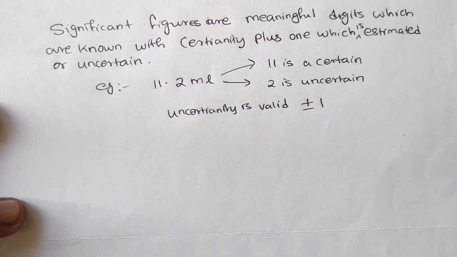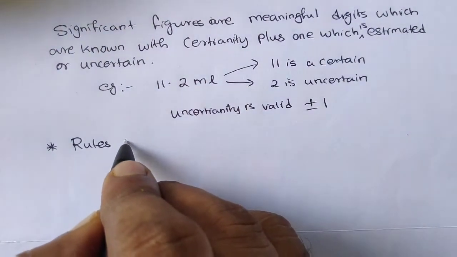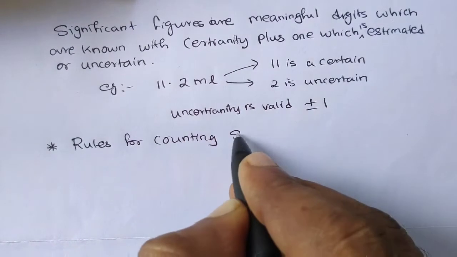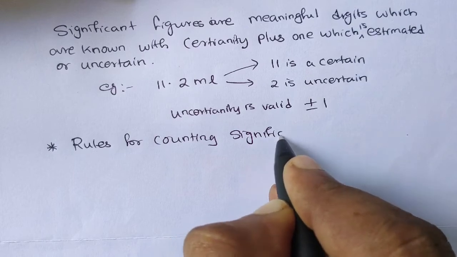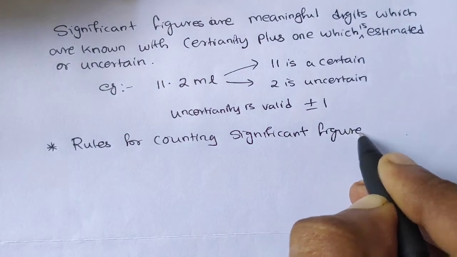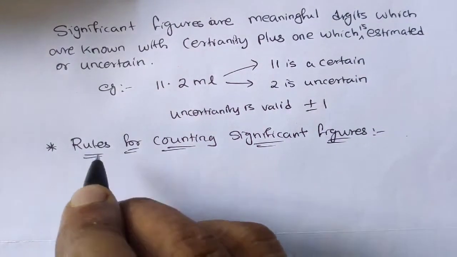Next part: rules for counting significant figures. These are simple rules, also given in your textbook.